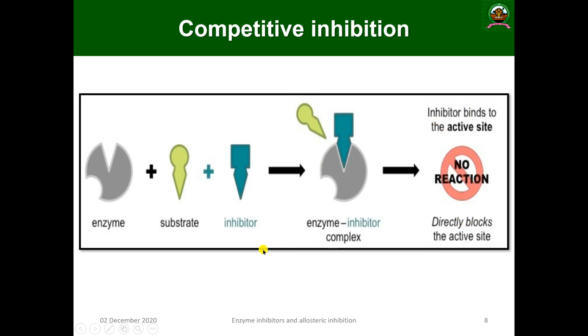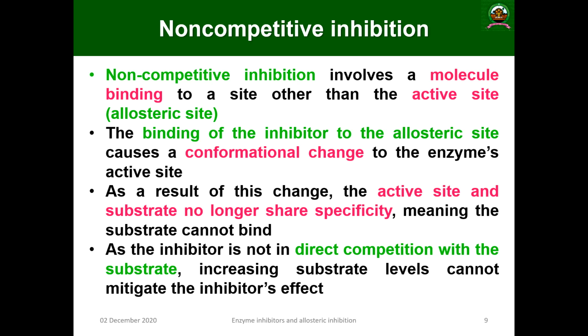This is known as competitive inhibition, because there is competition between the inhibitor and the substrate for the limited binding sites. That is known as a competitive inhibitor. Then in the case of a non-competitive inhibitor, non-competitive inhibition involves a molecule binding to a site other than the active site. Here also the binding is happening.